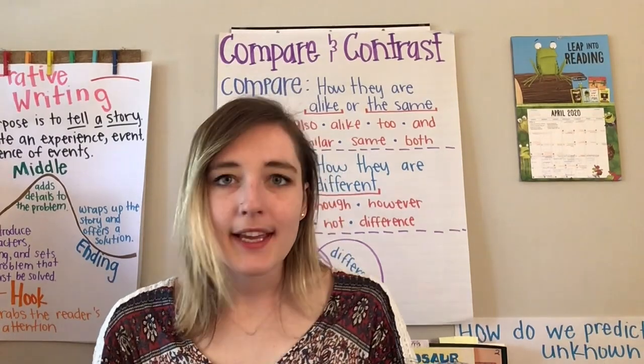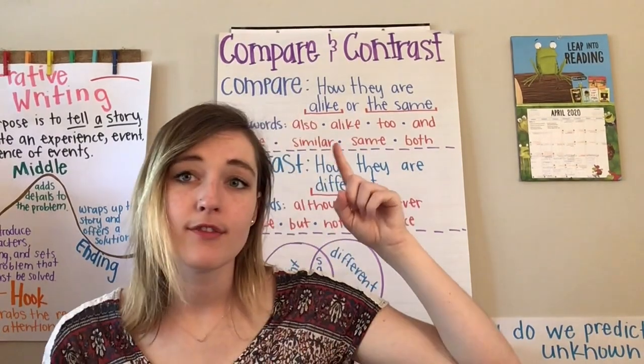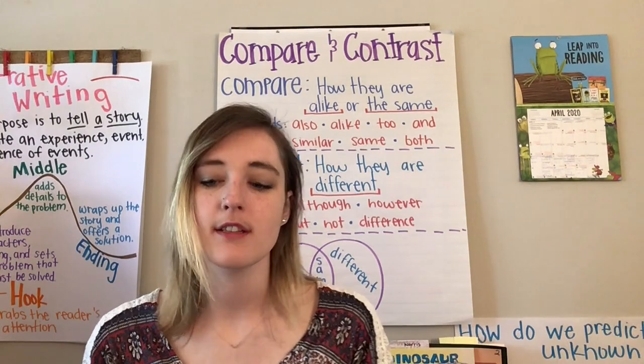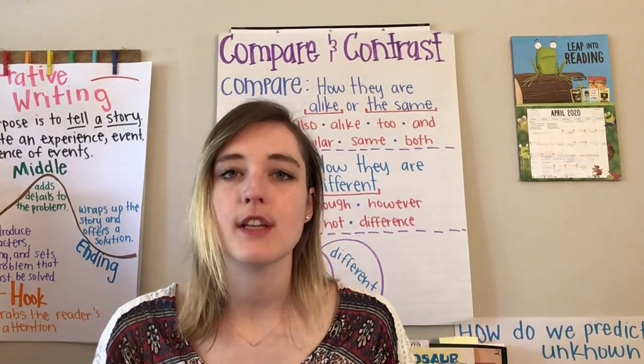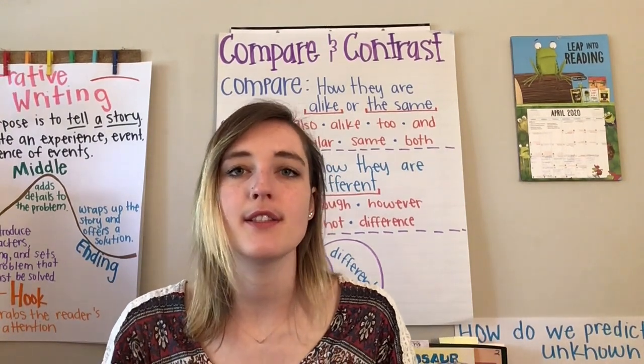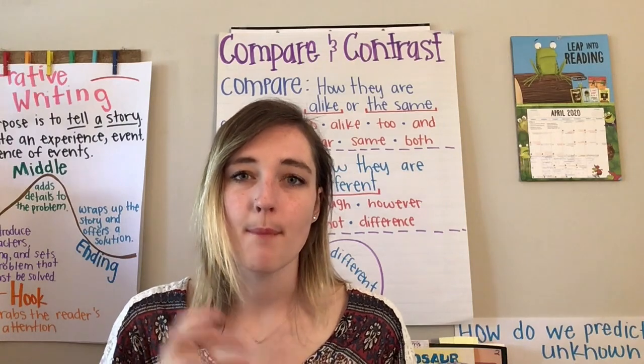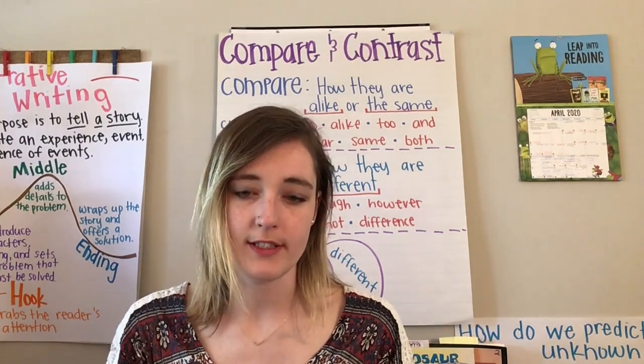Okay, I already see a lot of similarities and a lot of differences. What our lesson is going to do today is compare and contrast specific parts of each of the different texts.